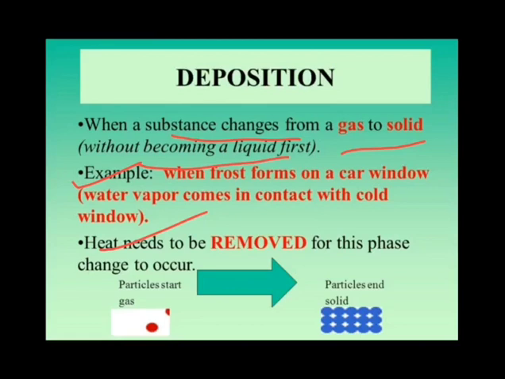So frost is the most important example of deposition. Here the particles of gases directly convert into the solid state without converting into the liquid first. But the condition is that here the heat energy needs to be removed for the change to occur. So this is known as deposition, right?